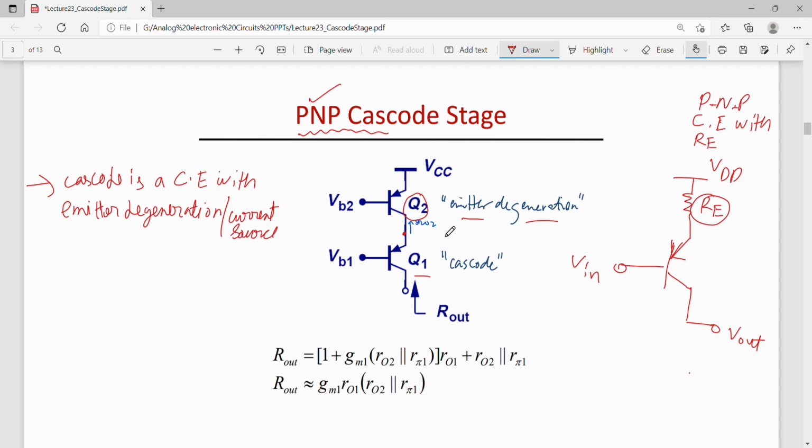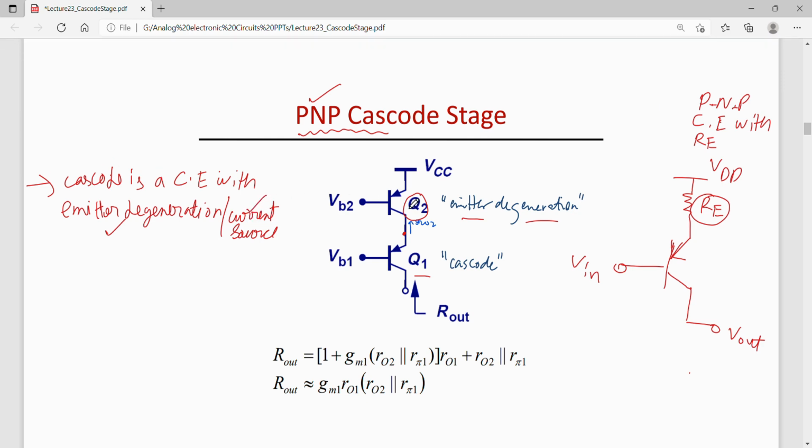Now we'll again go by this definition: this is providing emitter degeneration and at the same time it is acting as a current source. A PNP transistor can source current from this node to this point here.